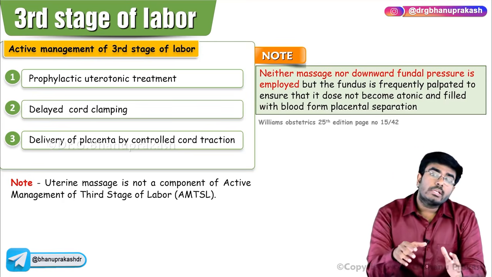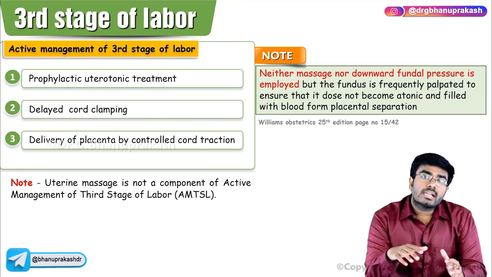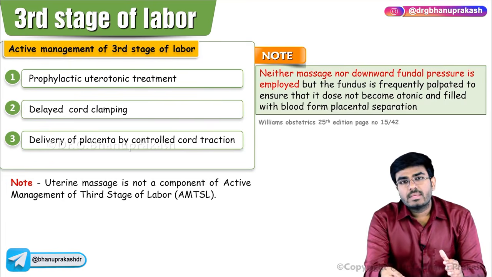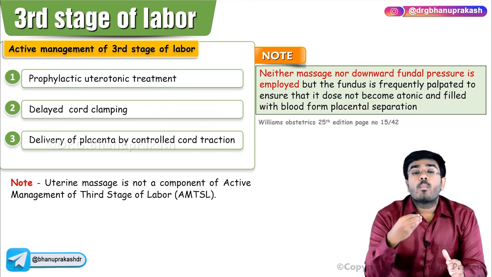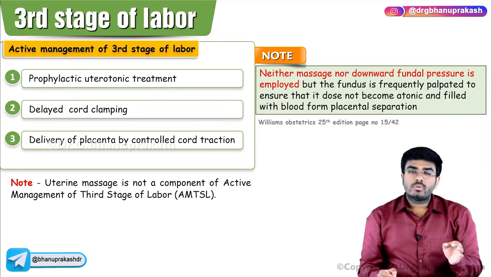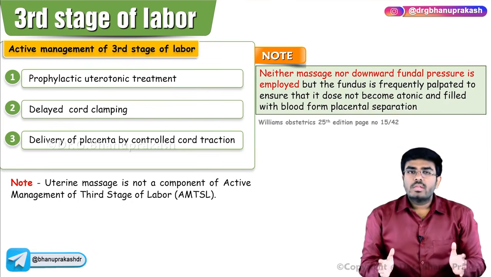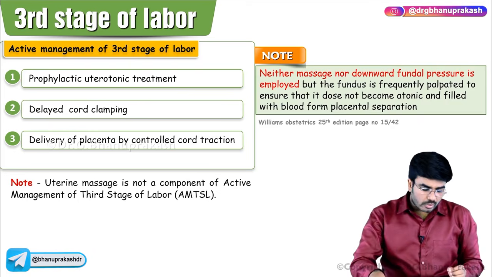If you do active management, the risk of postpartum hemorrhage will decrease, and the risk of maternal mortality will decrease. So that's the reason why we do active management of the third stage of labor, and this is something very good. So what are the components of active management of the third stage of labor?